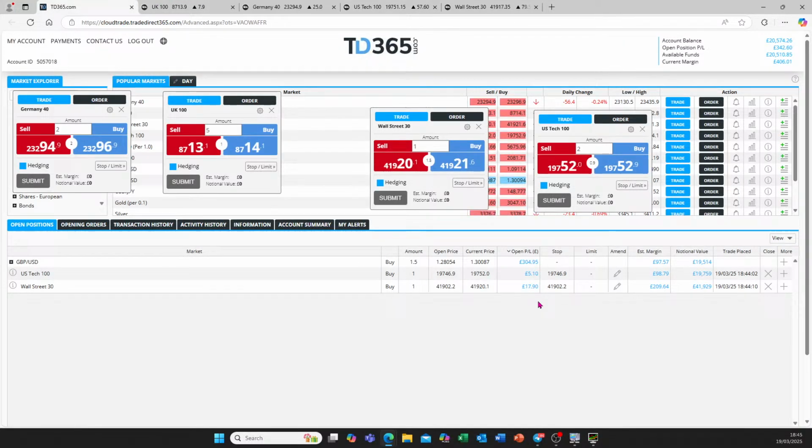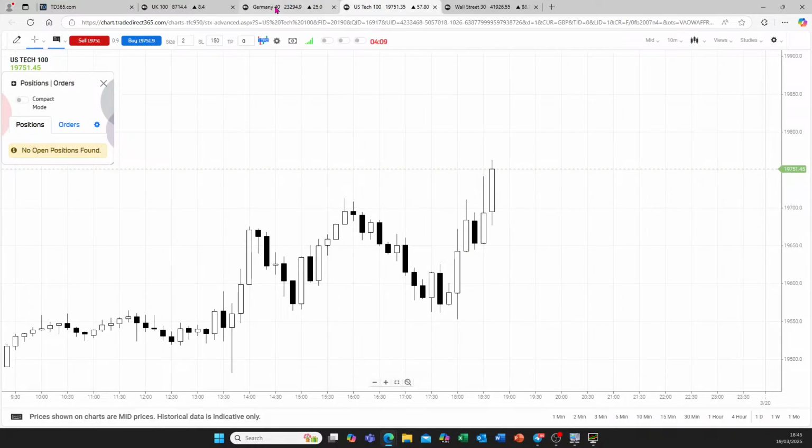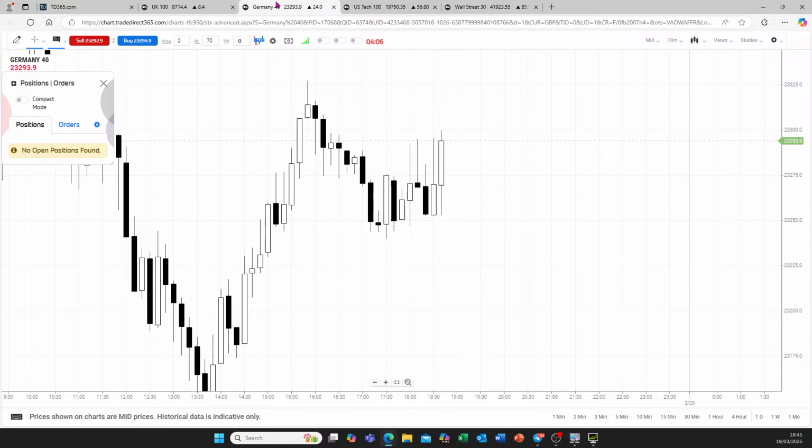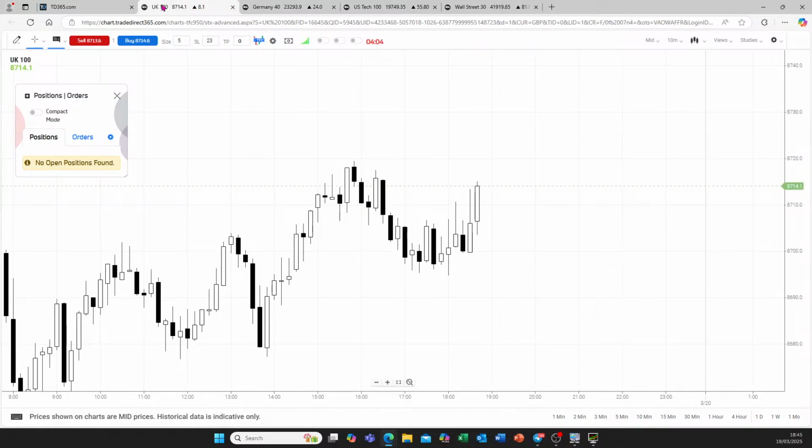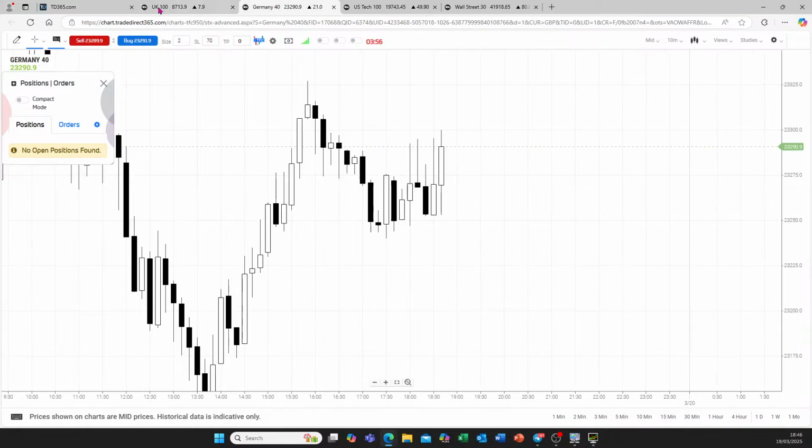So my stop losses are now break even. I don't have many profits, but it was just to demonstrate these trades for you in a live environment. That was all. So I'll leave you with this Dow trade running. Nasdaq just clipped my stop, but it will still be working on the FTSE and the DAX.